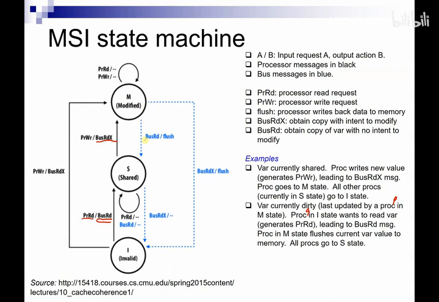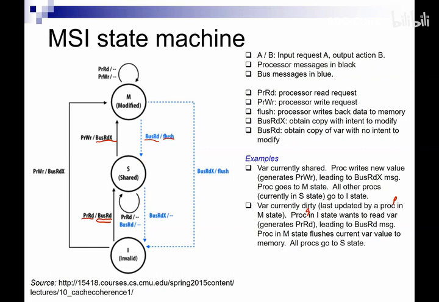Once it receives it, it's going to take its current value, the modified value for the variable, and flush it out to memory. Then after that, this modified process will go into the shared state.